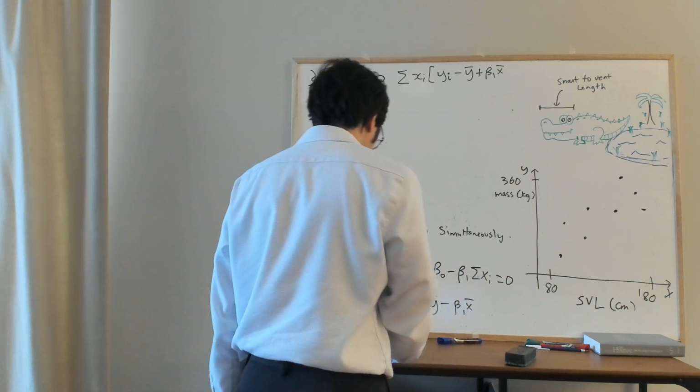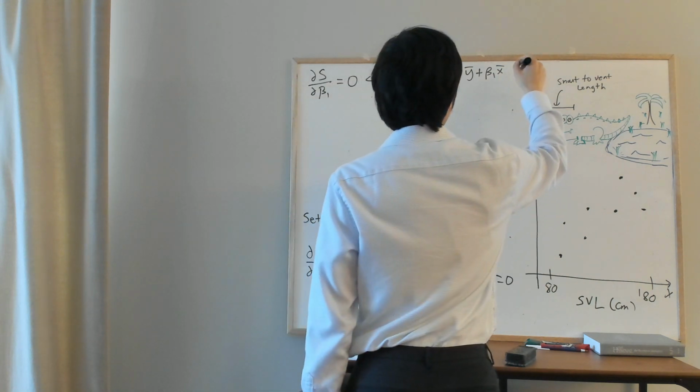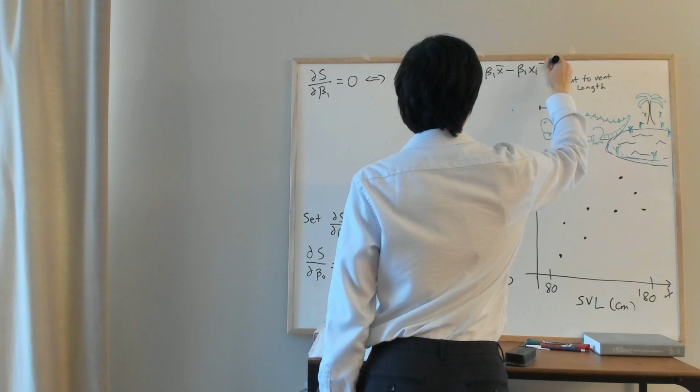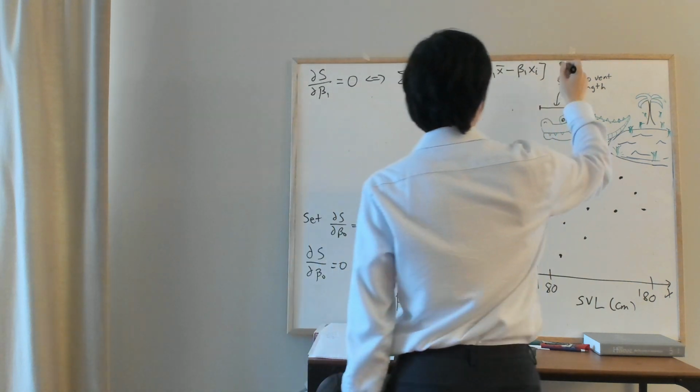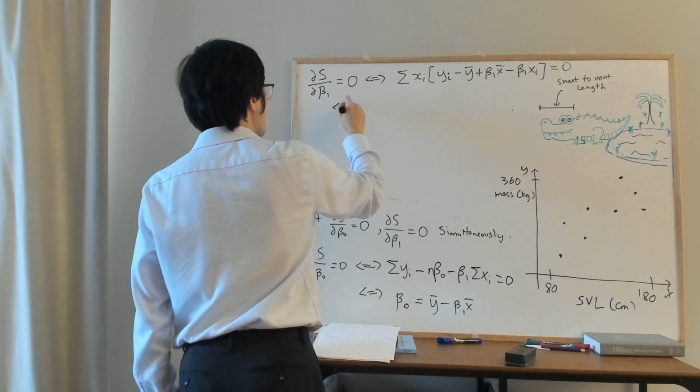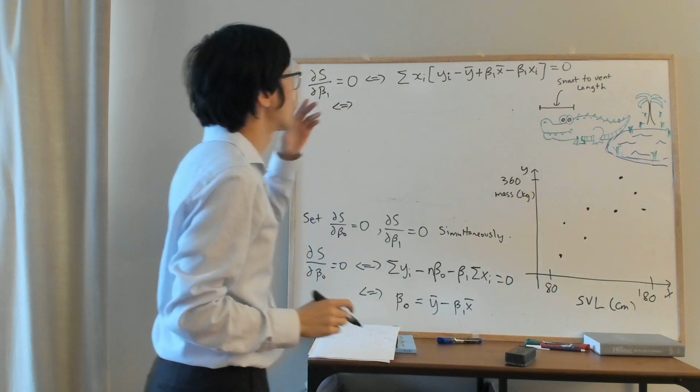And then I will have minus beta 1 xi. All of that is equal to 0 after plugging in beta 0 into the second equation.